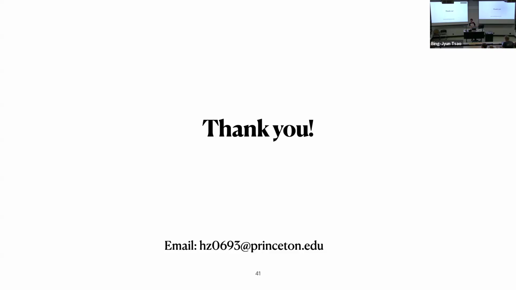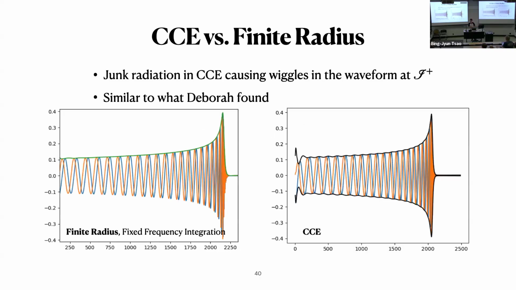On that last plot, this is more of a comment slash question. Did you try doing this with multiple initial extraction radii? Oh yeah, the question was whether we have tried CCE at different radii. We have not done this yet. I showed you guys the best plot. I had a really hard time finding a window for the frame alignment that made the wiggles go away. So it's definitely possible that a different radius might help mitigate the wiggles as well.